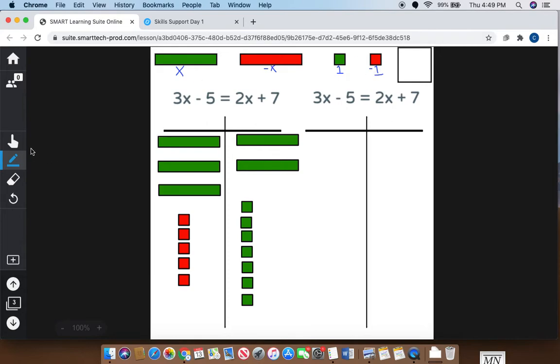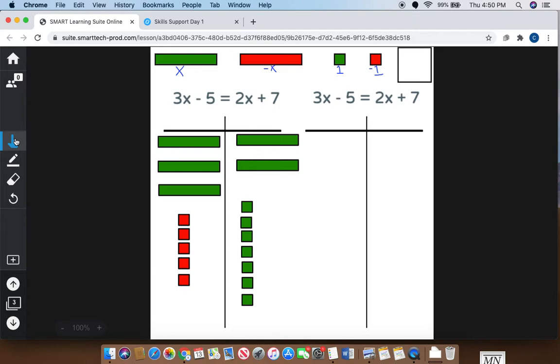So the first step, let me click this button. When you solve an equation, you want to get x by itself on one side. It doesn't matter which side, as long as x is equal to a number or a number is equal to x. As you can see here, that's not where we are at this point.